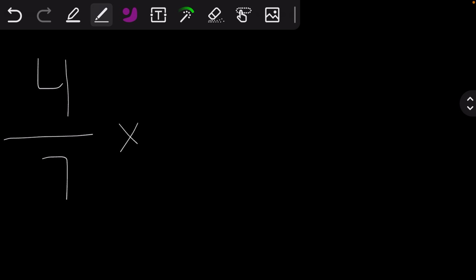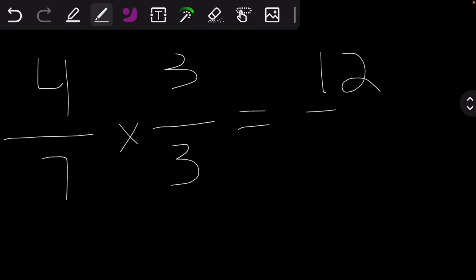Again, we're going to do the same thing that we did in the previous example. All that we have to do is multiply the numerator and the denominator by the same number. Let's do 3 this time. You'll multiply both of these by 3. 4 times 3 is 12, and 7 times 3 is 21.